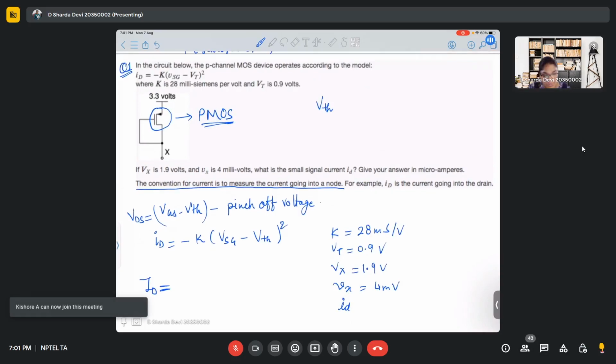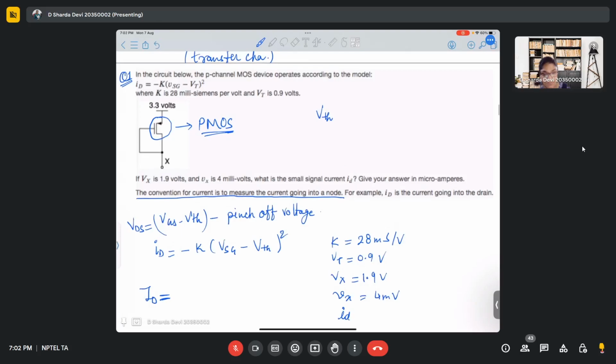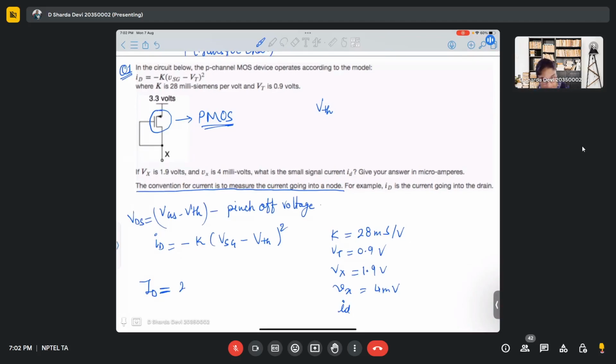You have to simply use this formula, which is 28 millisiemens per volt, VSG, what is VS, 3.3 minus VG 1.9, minus VTH 0.9, of that squared.